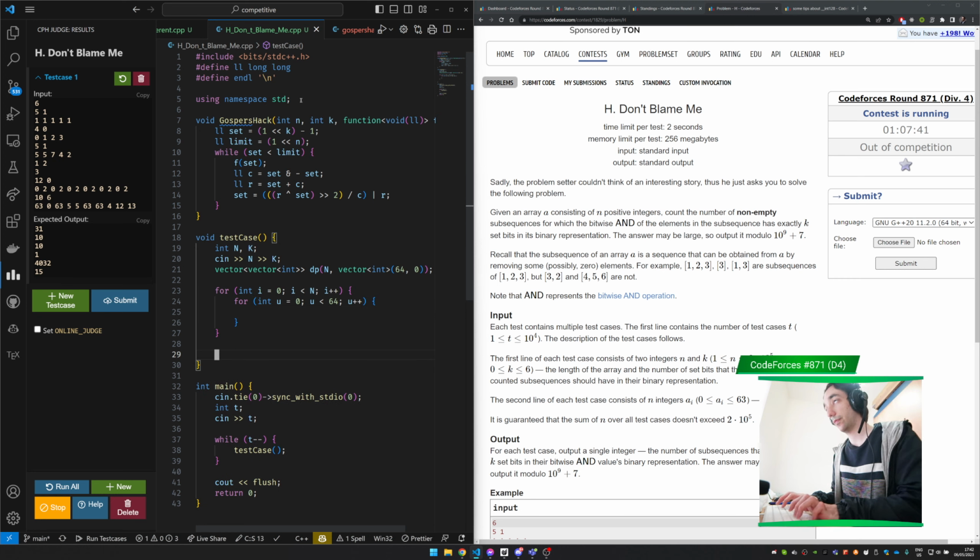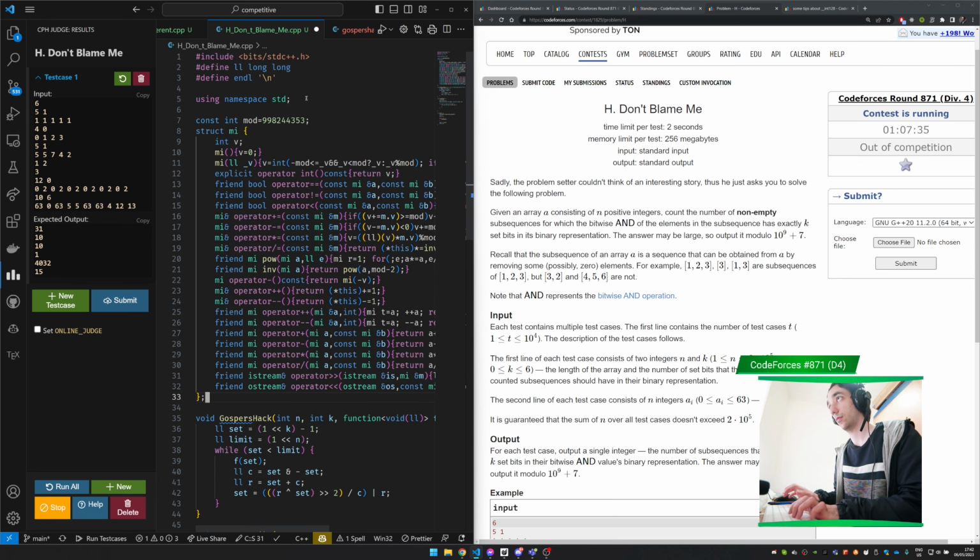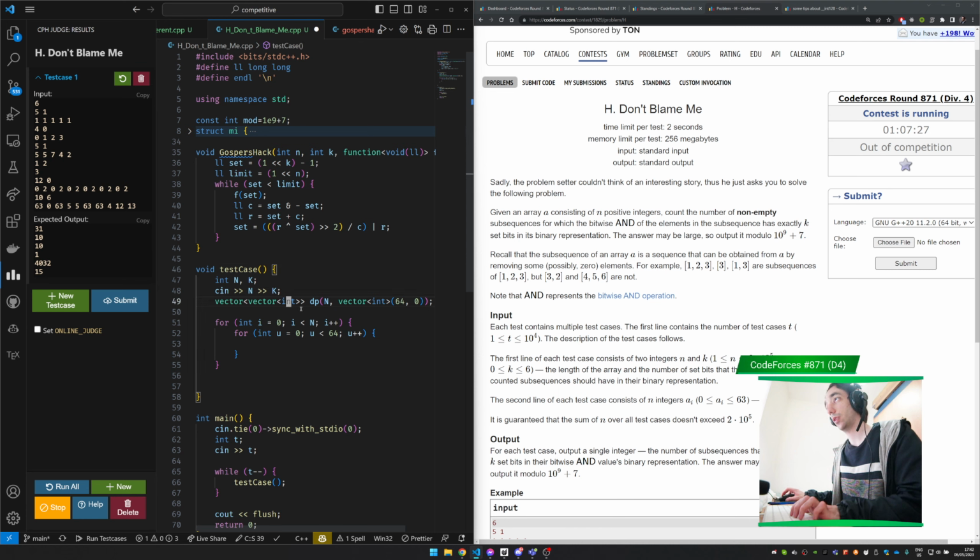So the answer is, we have this structure, so care about modulo here as well. Okay. Yes.